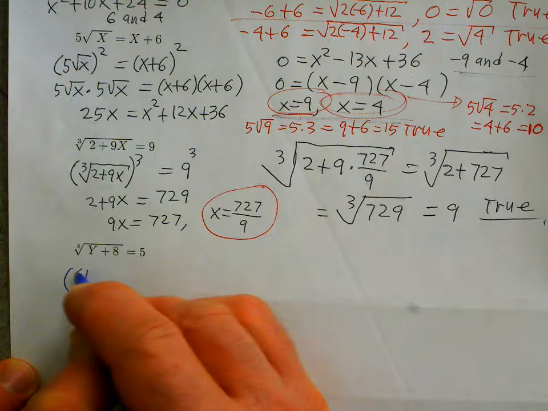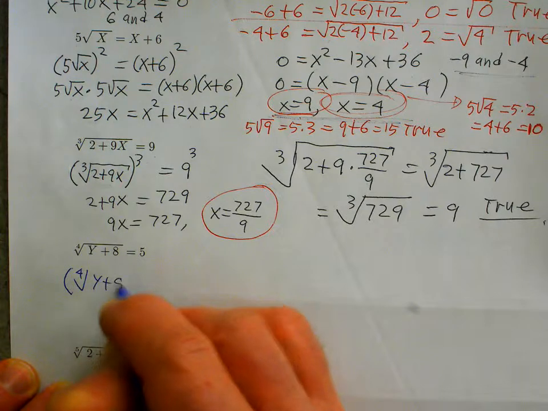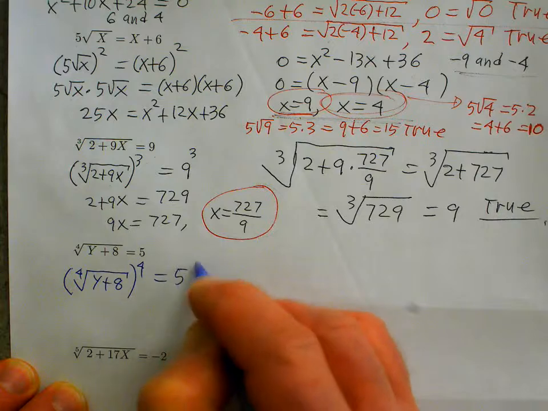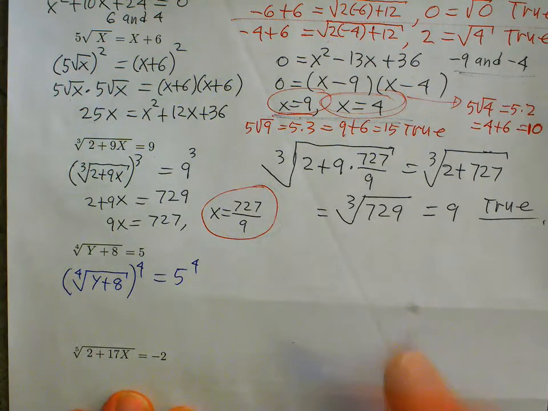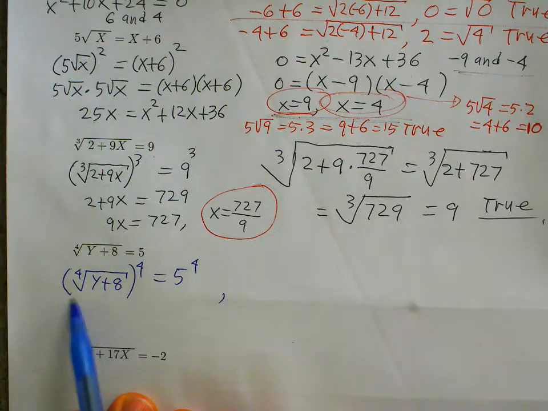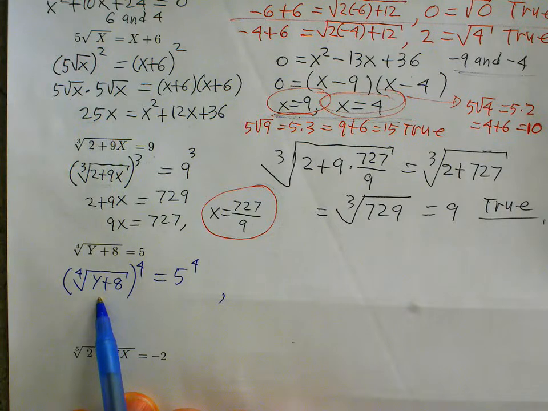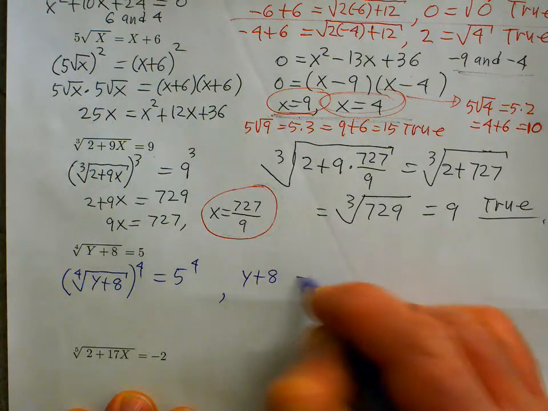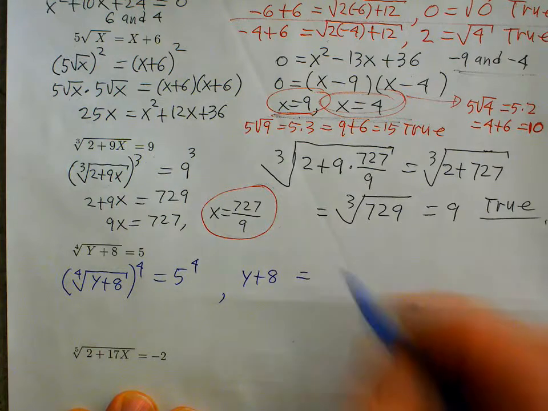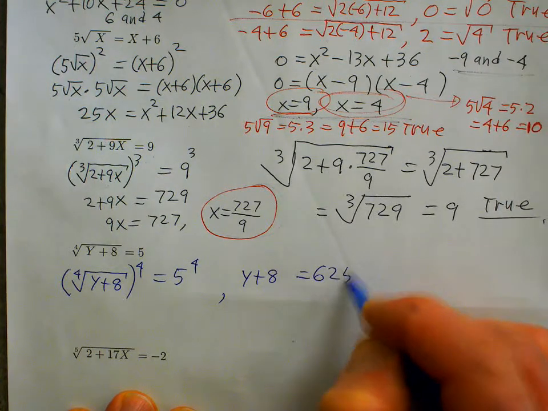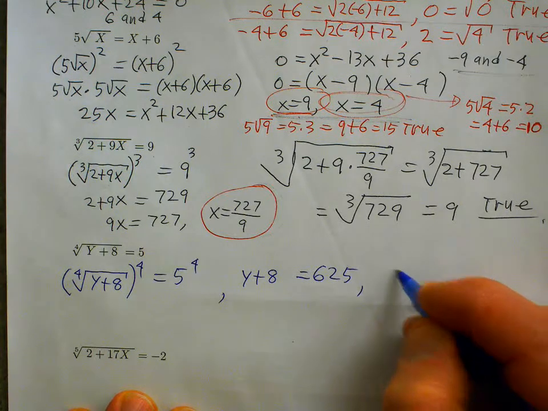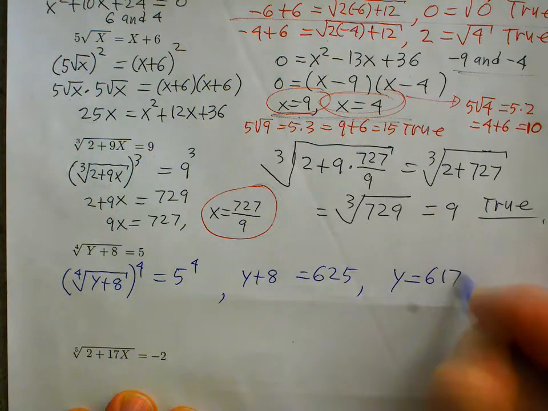So the fourth root of y plus 8, to the fourth, equals 5 to the fourth. On the left-hand side, you just get y plus 8, and on the right-hand side, 5 to the 4th is 625. Then subtract 8, we get y equals 617.